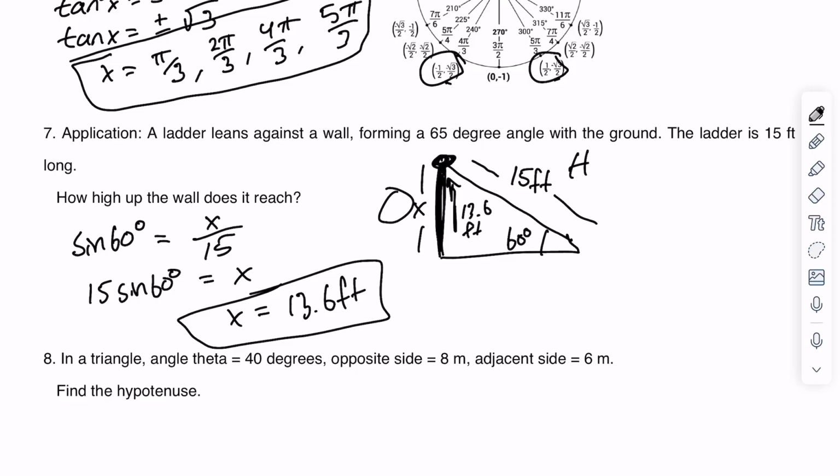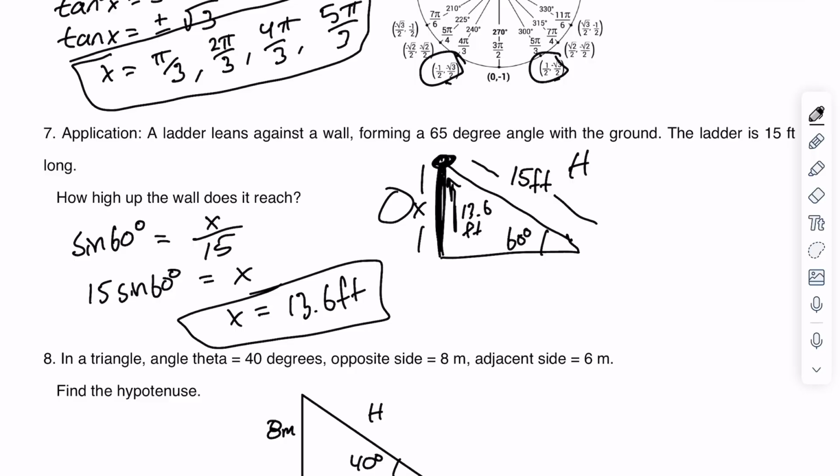Okay, another problem, number 8. There's a triangle. The angle is 40 degrees. The opposite side is 8 meters. The adjacent side is 6 meters, 40 degrees, and we want to find the hypotenuse.